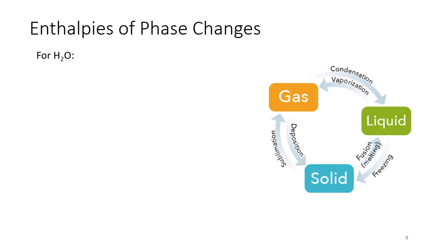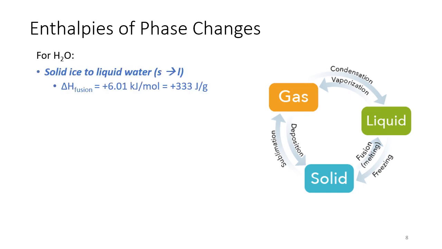Let's look at some actual values associated with these phase changes. So for water, going from solid ice to liquid water, or melting or fusion, the delta H of fusion will be positive 6.01 kilojoules per mole, or positive 333 joules per gram. Some textbooks will report both values.